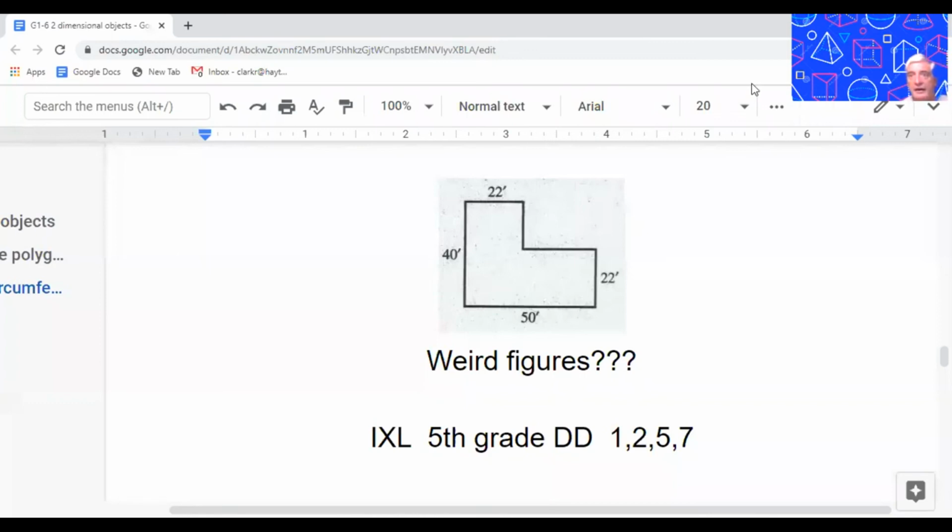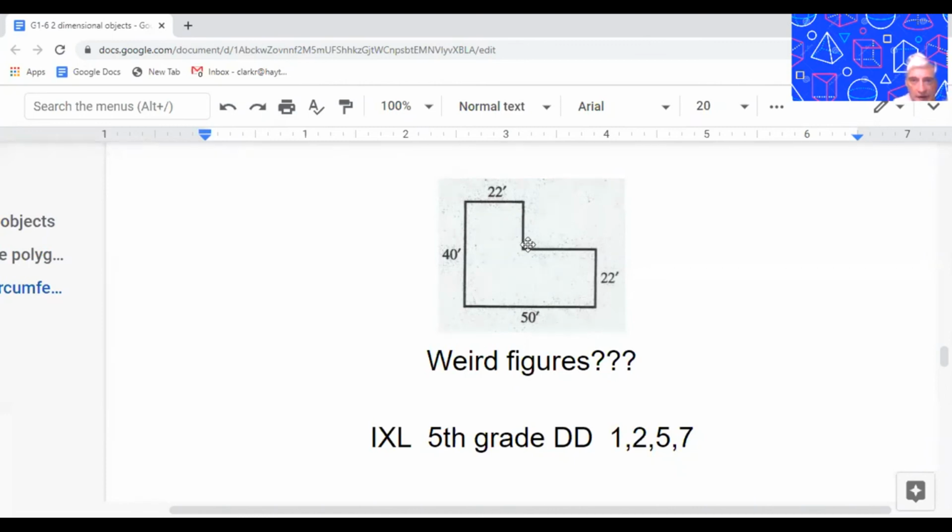Now, you know the area of a circle and a square and a rectangle and a triangle, but sometimes you get weird figures. I'm not even sure what this is, but I think it's got 1, 2, 3, 4, 5, 6 sides, which would make it a hexagon. It's not a regular hexagon because all the sides aren't equal, but it's a hexagon. It's got 6 sides.